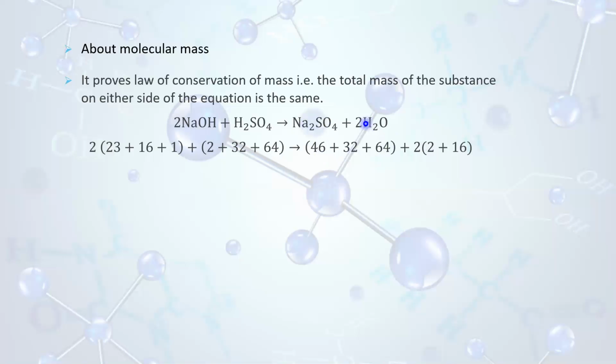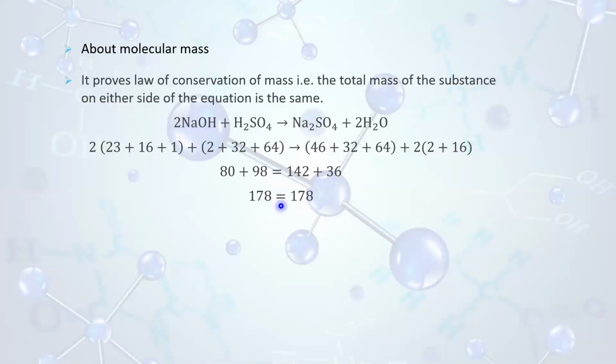Plus, here you can see 2 water molecules are present. So 2 into, for 2 hydrogen atoms, molecular weight 2, and for 1 oxygen atom, atomic weight 16. After calculation, the mass of 2 sodium hydroxide molecules is 80, and for 1 sulfuric acid molecule, it is 98. Here 142 plus 36.